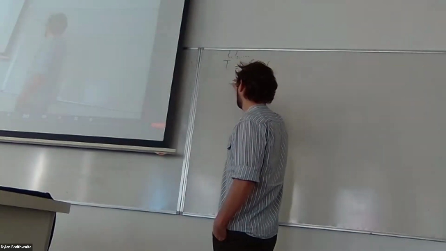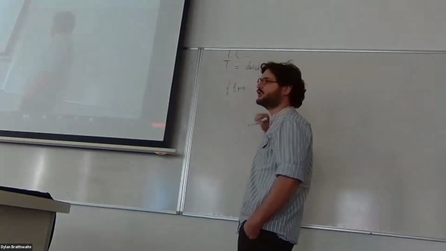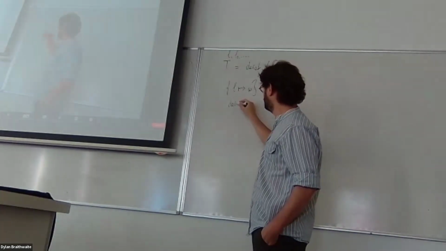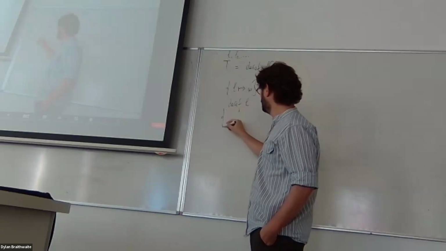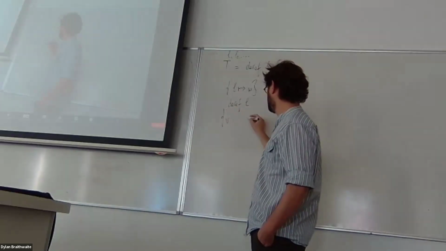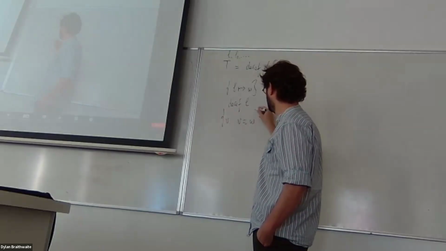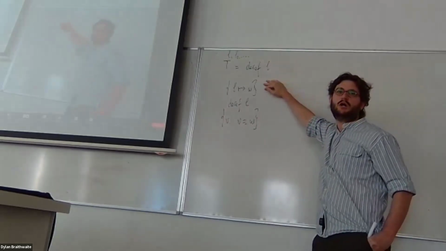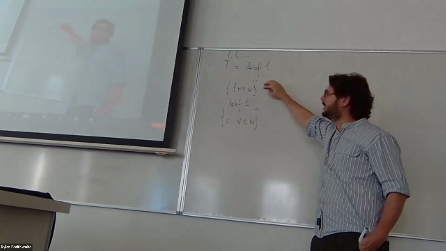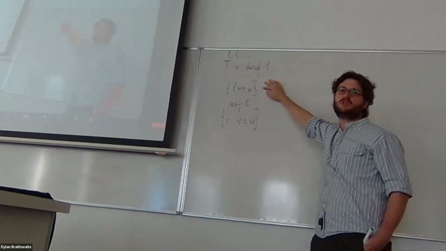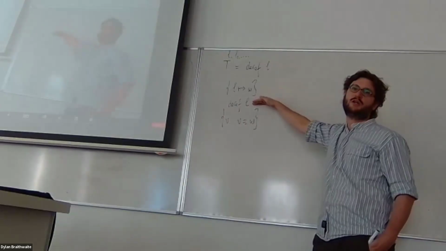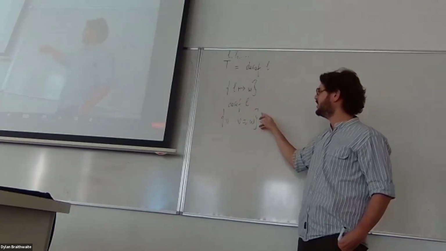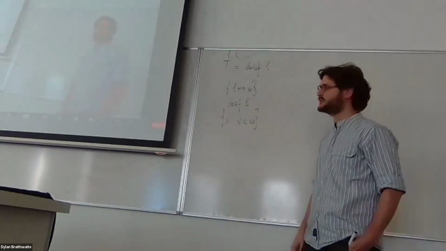You can say something like this: assuming that L points to some value W, the result of deref of L will be a value which I know will be equal to W. The syntax is: here at the top you have your assumptions about the current state of the system, here you have the program you're interested in, here you bind the value that the program returns, and then you have an assumption about the state of the system afterwards.